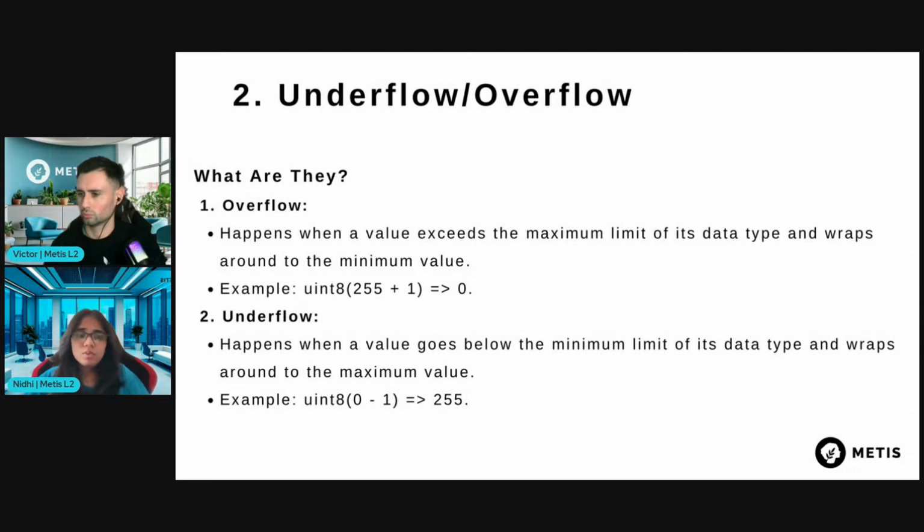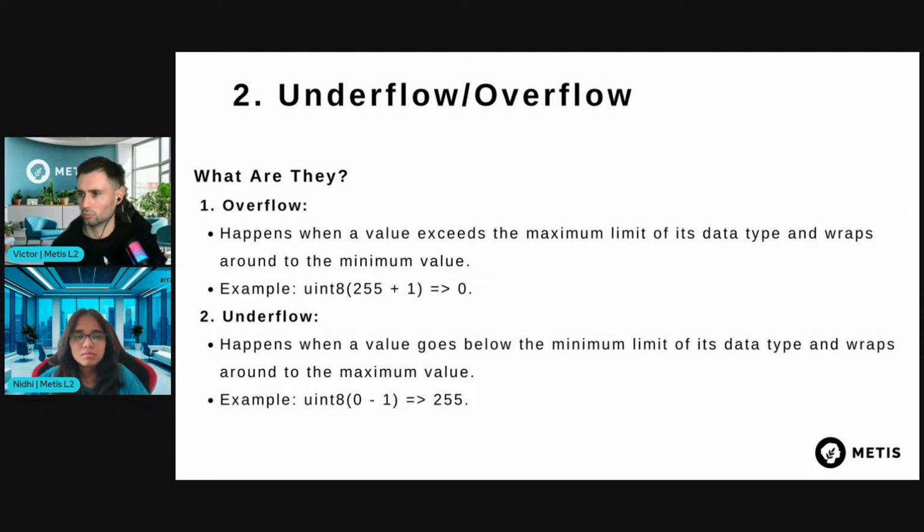Underflow and overflow. So what are they? These issues arise in arithmetic operations when numbers exceed the limits of the data type. Let's break it down. This mostly can happen in the DeFi space.